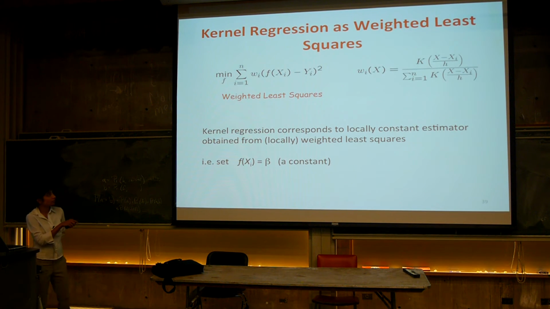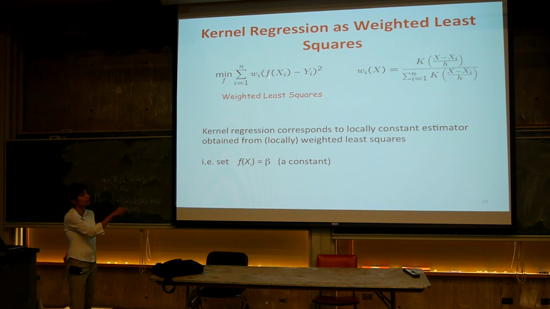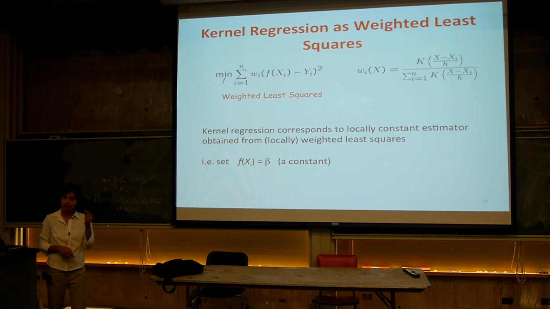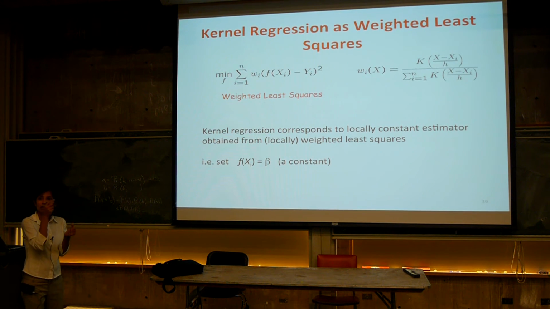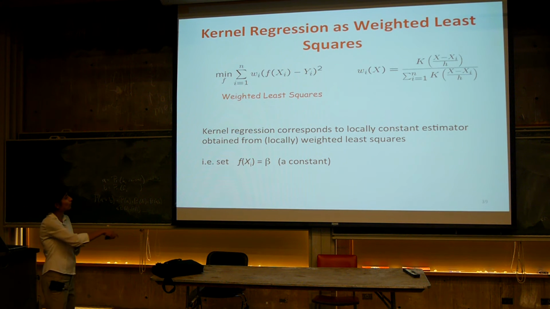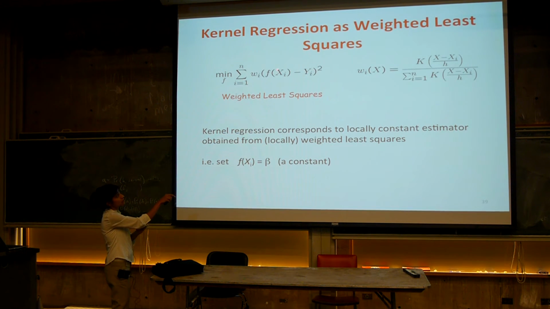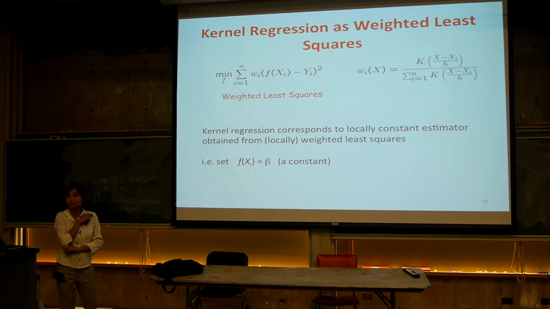So it turns out that the kernel regression estimator we just talked about corresponds to choosing f of xi as a constant. So it's as if at every point you're trying to fit a local constant. You're not trying to do a global constant fit, but a local constant. If we plug in f of xi equal to some constant beta here, and we solve for beta, you will see that the weighted average is what will pop out.